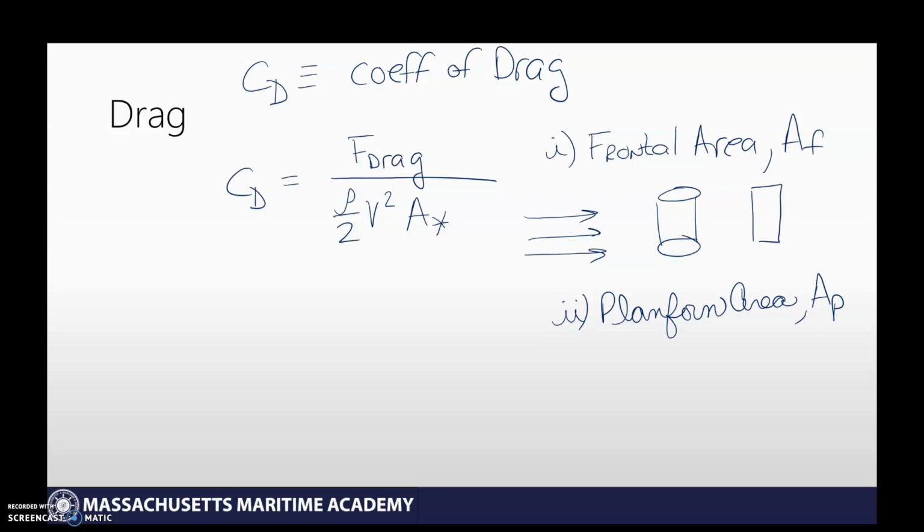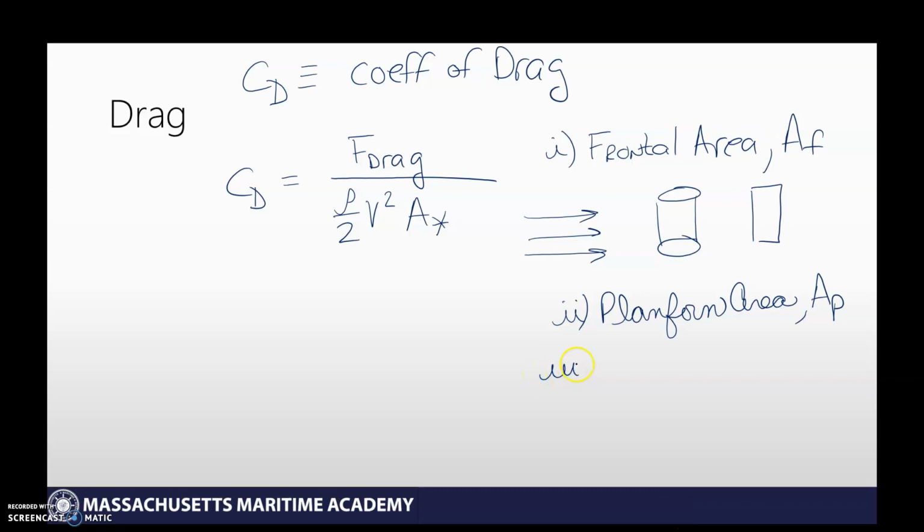So if we're looking at our pen and we just rotate it 90 degrees, the planform area of the pen would be that circle on the top. Planform area is really used for wide, flat bodies. The big ones being an airfoil, a hydrofoil, a spoiler. Those are all things that we use the planform area on.